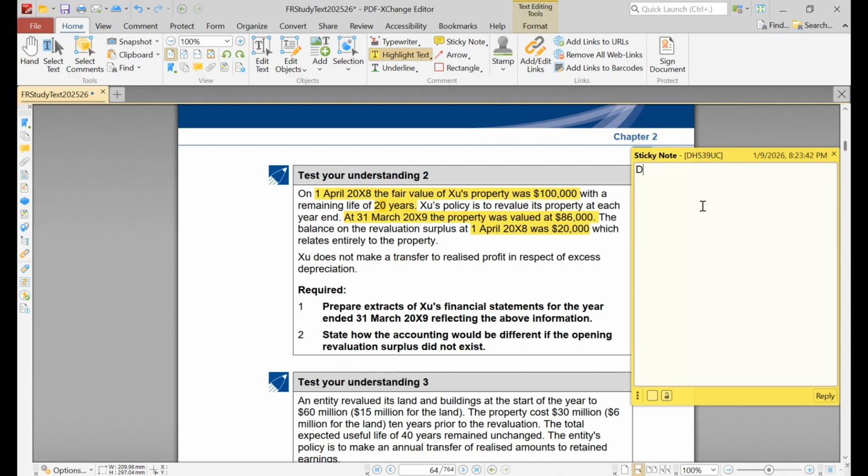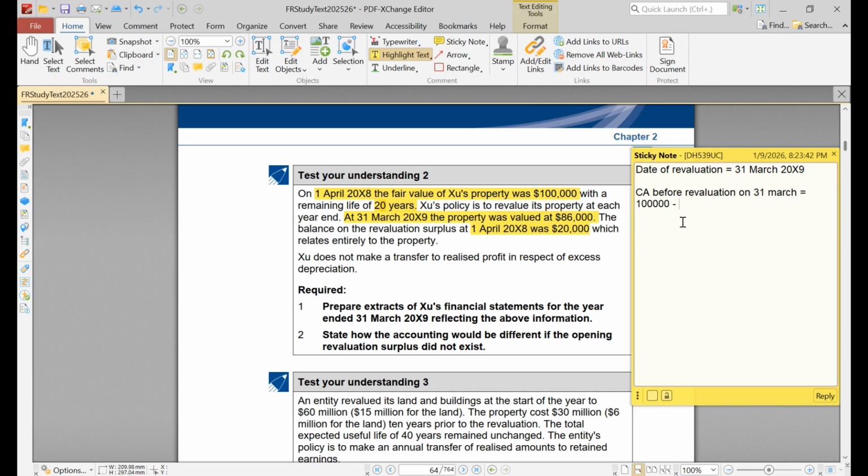Now, the date of revaluation is 31st March 20X9. The carrying amount before revaluation on 31st March: the property was $100,000 at April 1st.